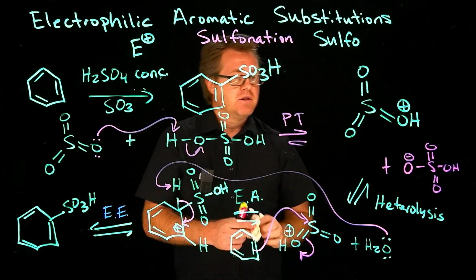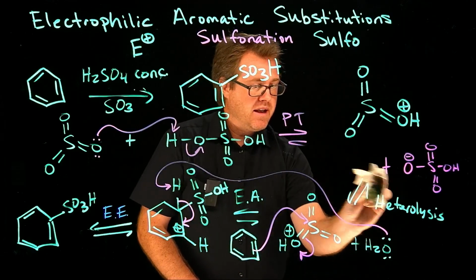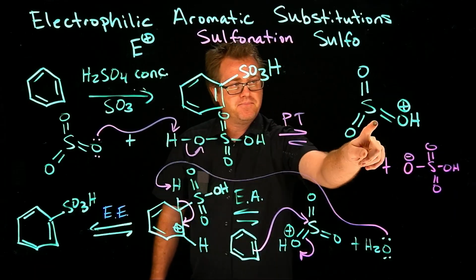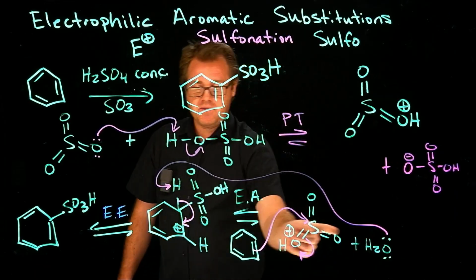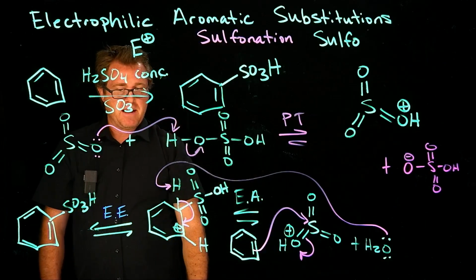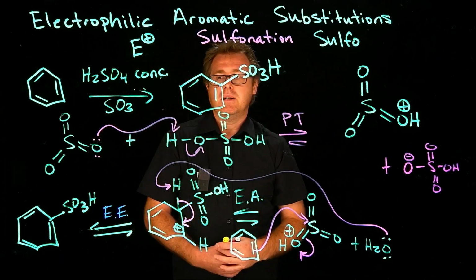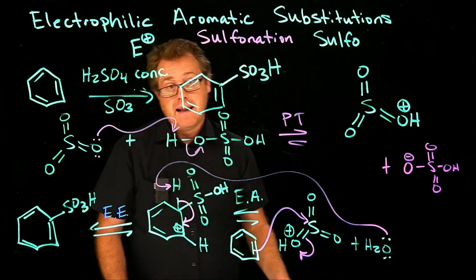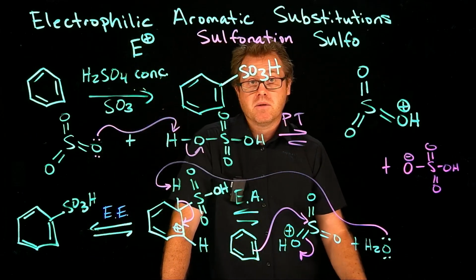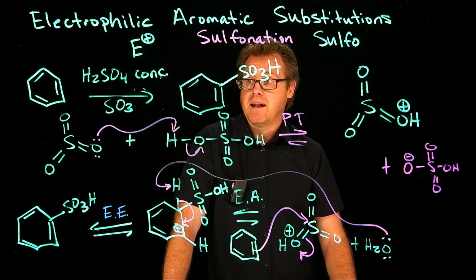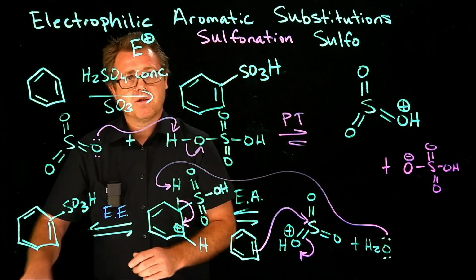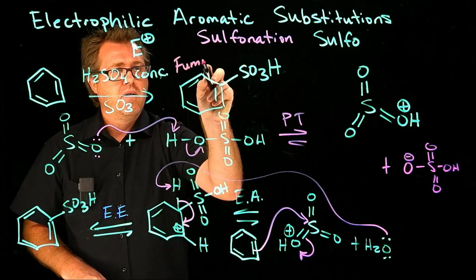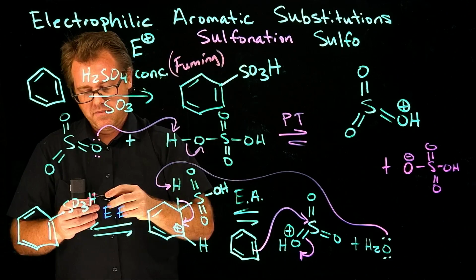So at the end of the day, we didn't need that heterolysis step because we just generated it, and then the mechanism proceeds the same way. Those are the two ways of looking at it: fuming sulfuric acid or just straight up concentrated sulfuric acid. But maybe I should put this in parentheses saying that this is the fuming.